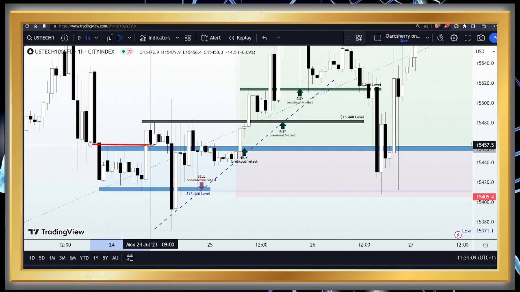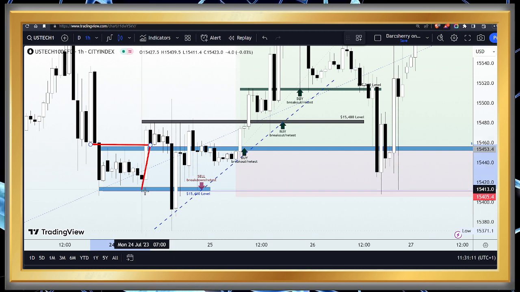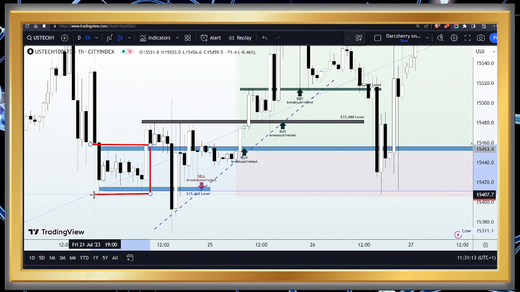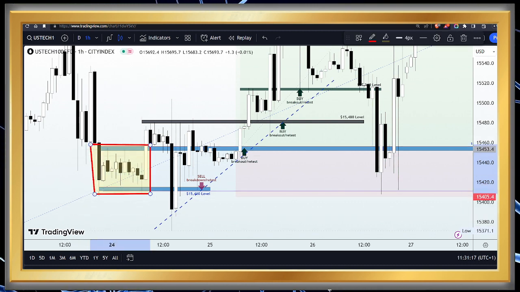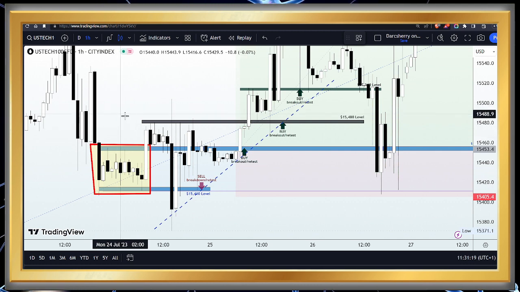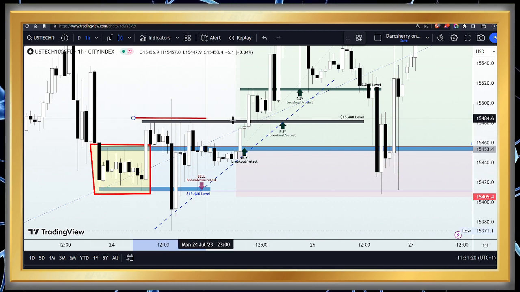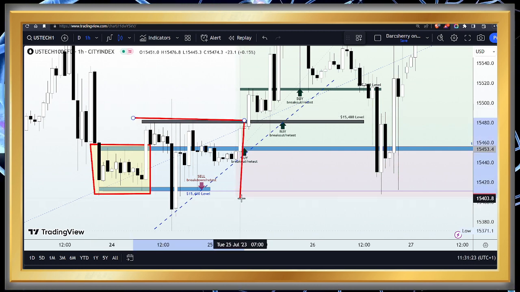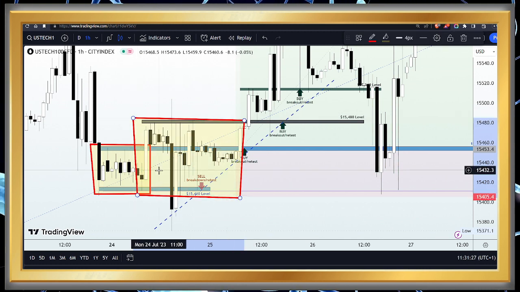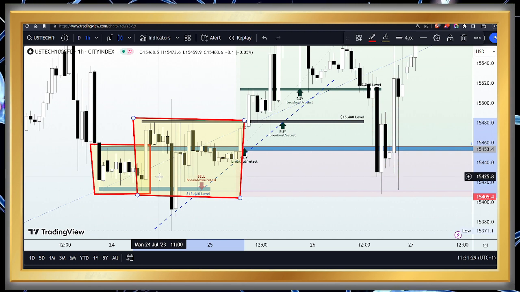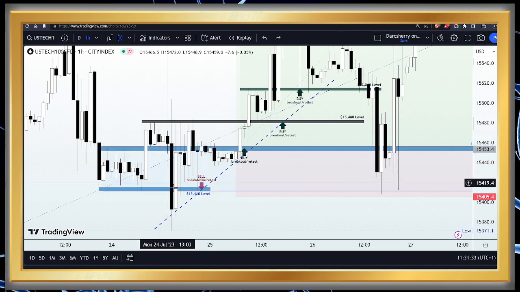Initially, it was ranging between the 15,450 zone and the 15,410 before that consolidation phase widened a little further into the 15,480 and of course the 15,410 area, to give us a further insight into how strongly the market is anticipating the Fed's announcement.